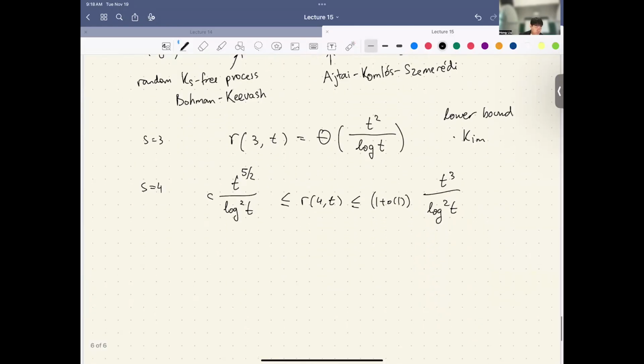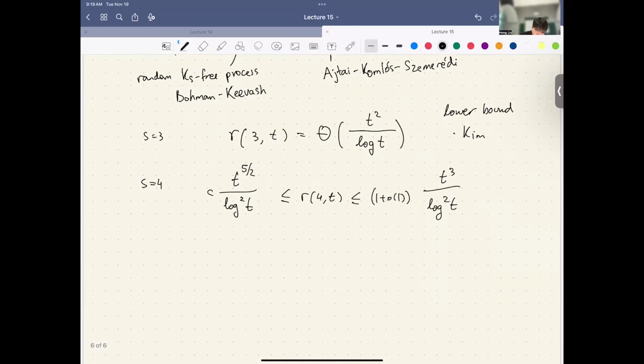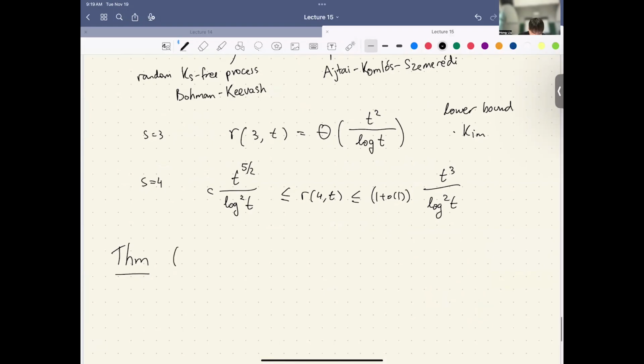Theorem by Mattheus and Verstraete, from 2024, I think, very recent.